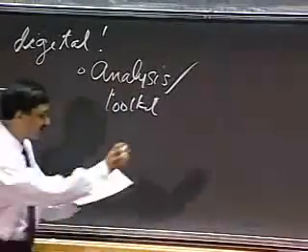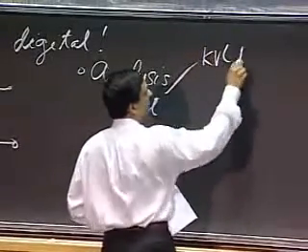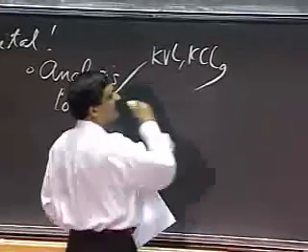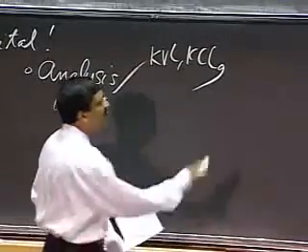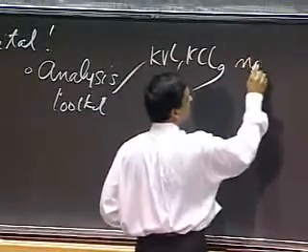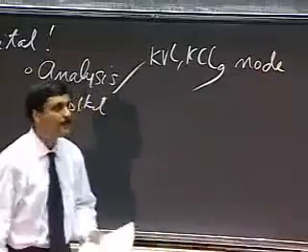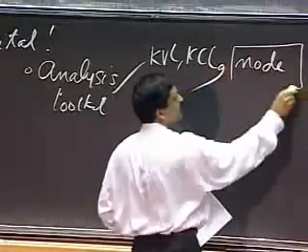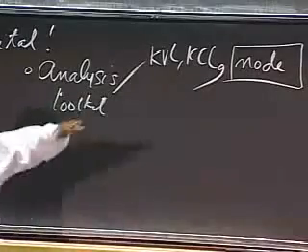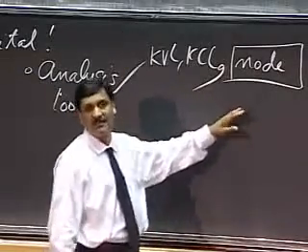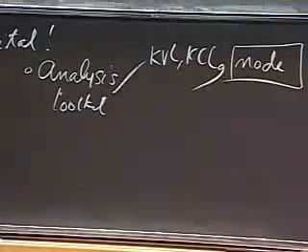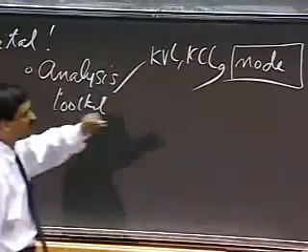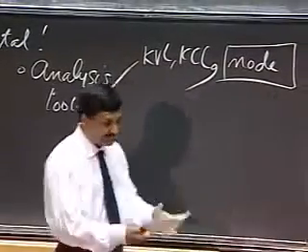So a set of methods. We looked at the KVL, KCL method. Another example of a method we looked at was the node method. Of this category, there's one method you should remember which you can apply to every single circuit and it will simply work, which is the node method. Okay?